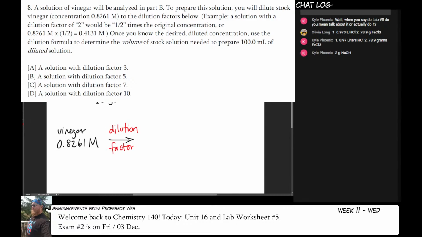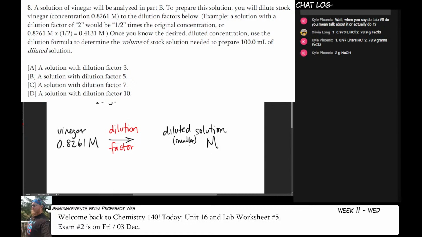So what we're going to do is apply the dilution factor to our original concentration to get a diluted solution. And its concentration will be less because we've diluted it, right? By what factor will it be less? And that is the number that is shown on the screen there, either 3, 5, 7, or 10.